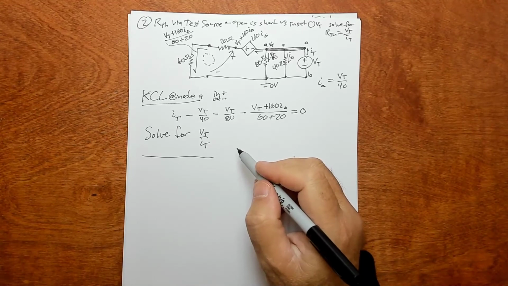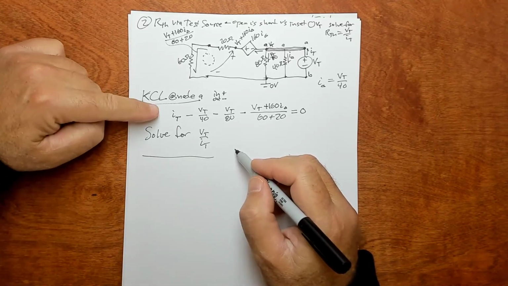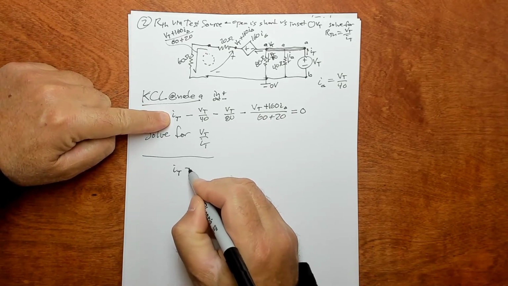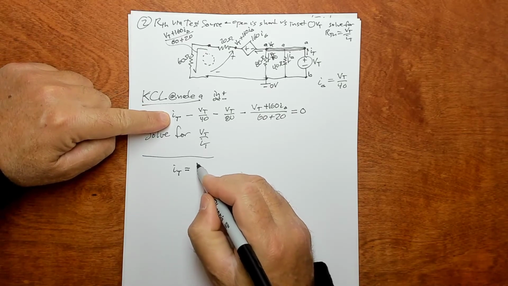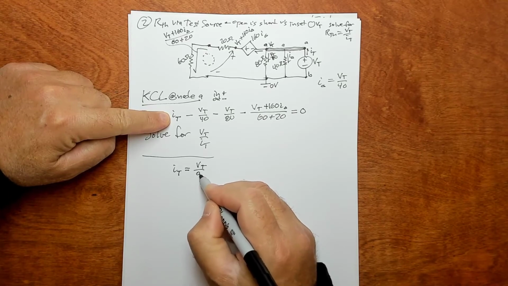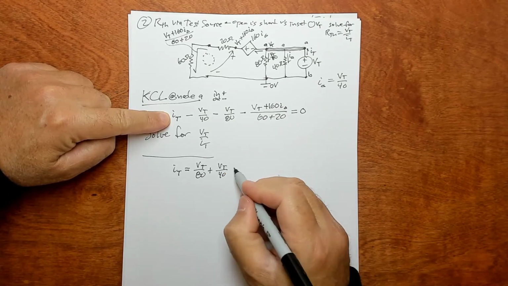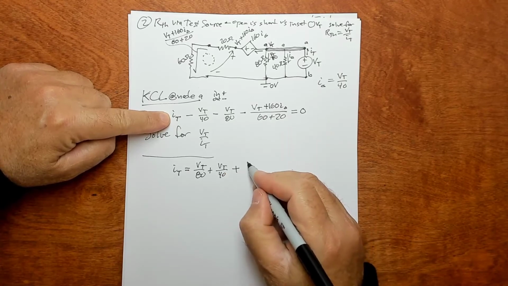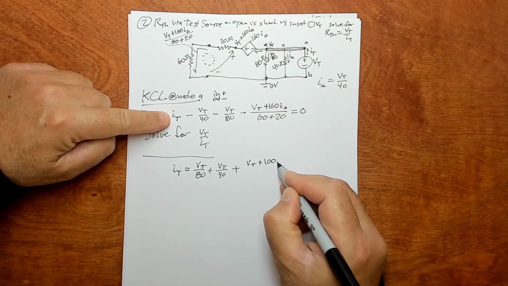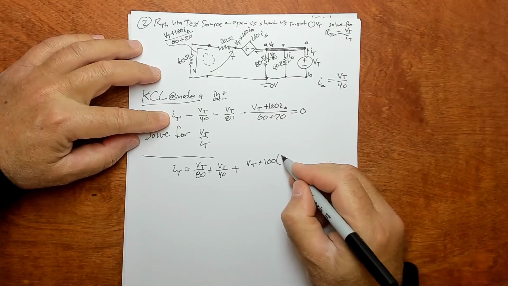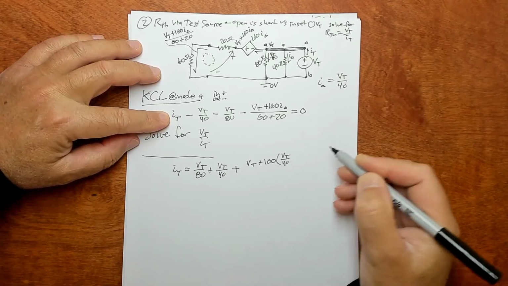So here we go, taking this guy right here, let's put IT on one side and bring all the VTs to the other side. So it's going to be VT over 80 plus VT over 40. Just moving those two guys over and then moving this mess over, you're going to get VT plus 160 I delta over 80. Okay, I delta is this VT over 40. I'm going to put that in right here, because I really want to get rid of I delta.